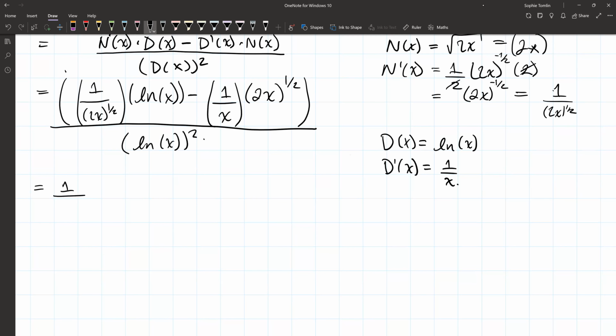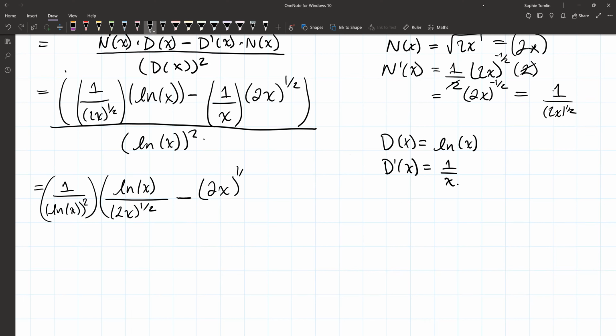So here we have 1 over ln x all squared times, let's simplify these fractions a little bit. We have ln of x over our 2x to the 1/2 minus, then we multiply this out as well, and we'll get 2x to the 1/2 over x.